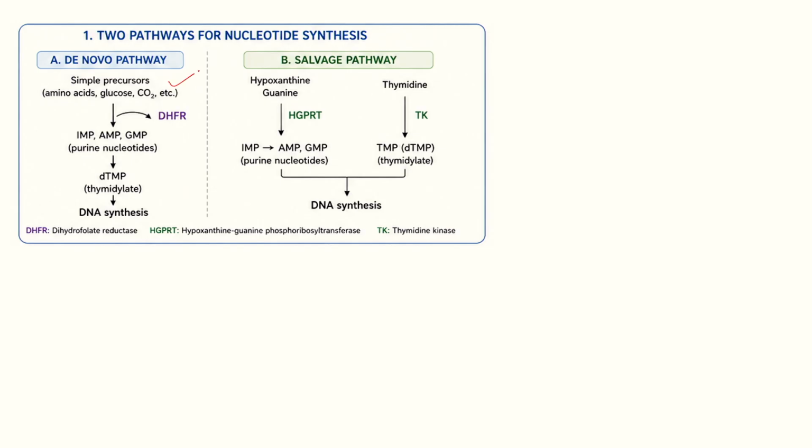We can take precursors such as amino acids, glucose, carbon dioxide, etc., to make very specific nucleotide sequences which can be utilized for DNA synthesis. That means once we start from individual components, such as the amino acid pool, the glucose and the CO2, we call that pathway the de novo pathway.